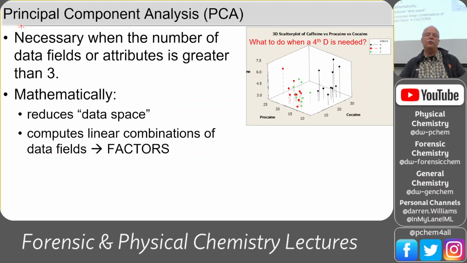So in our situation, we have a 3-dimensional data space. We have 3 components that we have numerical data for. And we would like to reduce it to 2 so we could easily plot it on a flat graph.